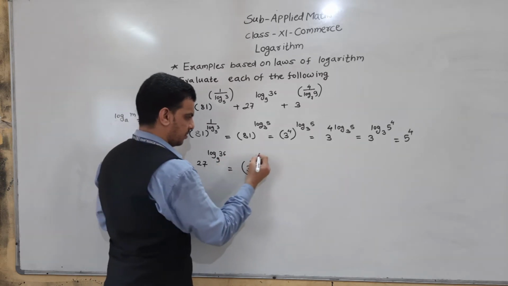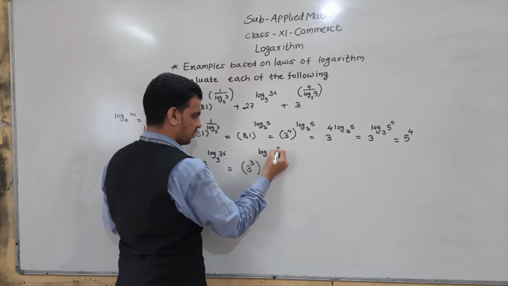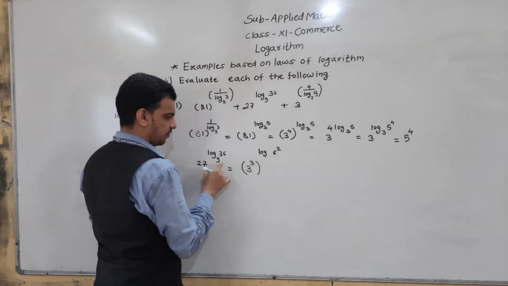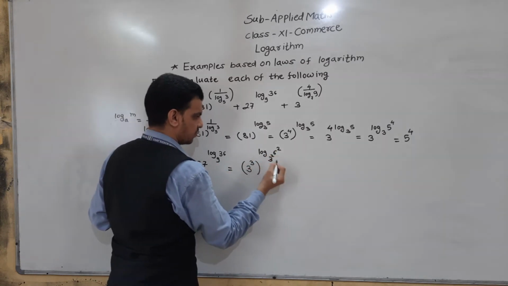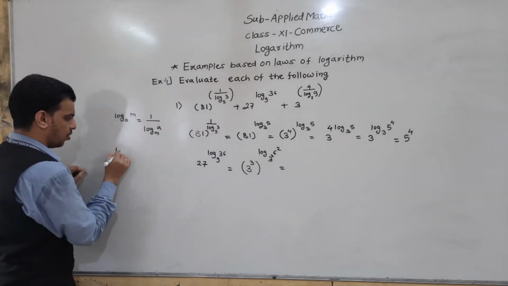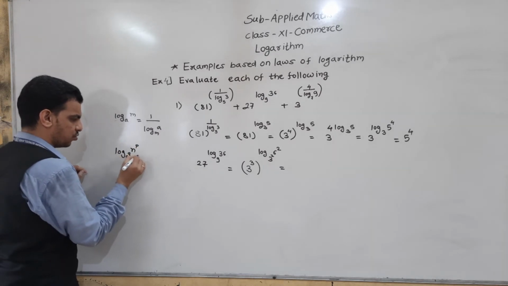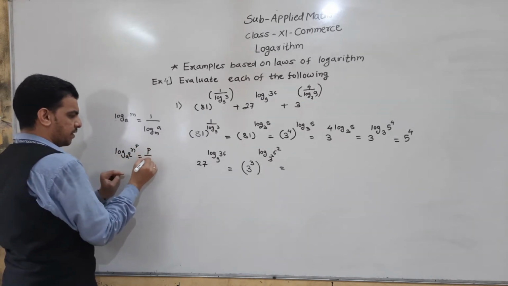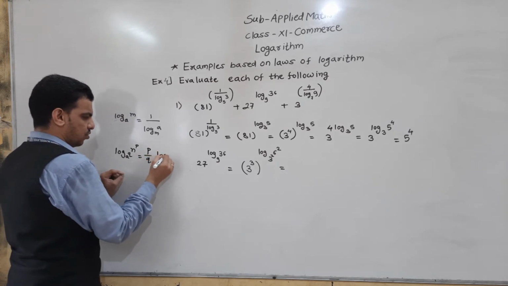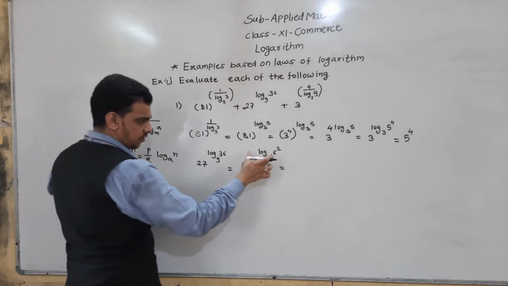That 36 we can write as 6 square, and 9 we can write as 3 square. Now we have another law: log of n raised to p to the base a raised to q, then we can write p by q into log n to the base a. So the same law we have to use here.